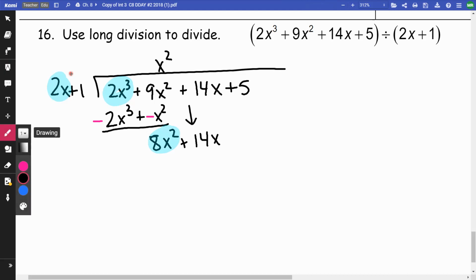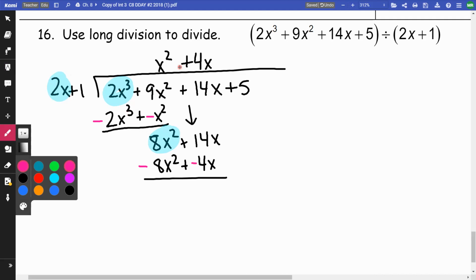And then I ask myself, 2x times what gets me 8x squared? And that's going to be a positive 4x. So I'm going to get an 8x squared plus 4x. I'm going to subtract, so I make both of these negative. When I add, I get a 10x, bring down my plus 5.